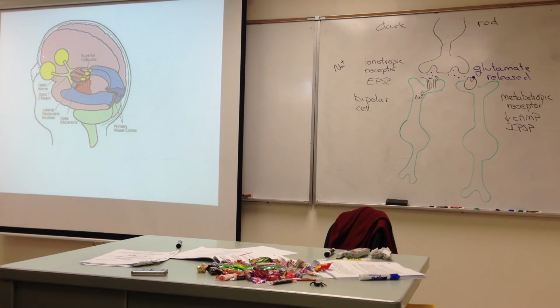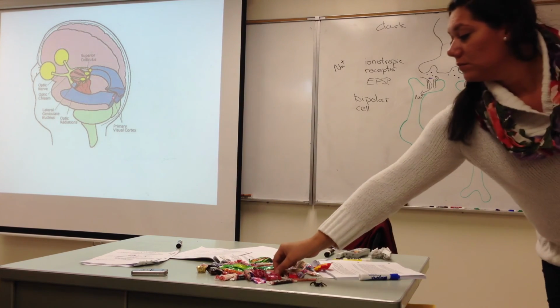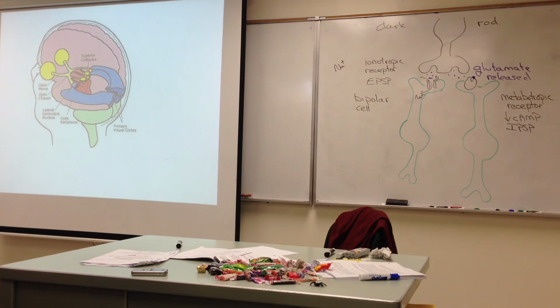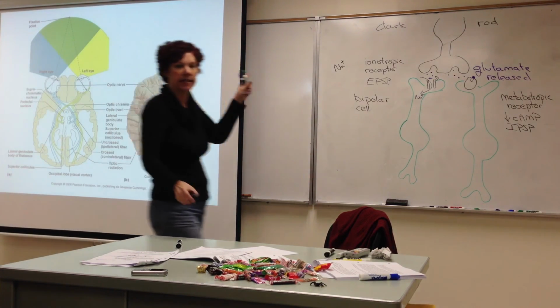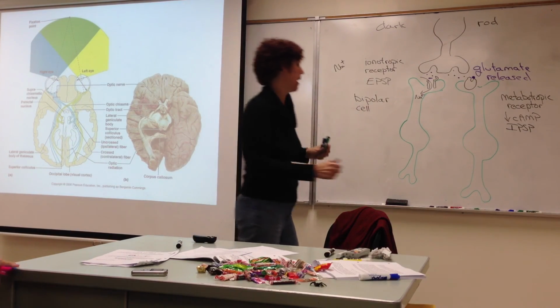So here we have the retina, optic nerve, optic tract leading back to the thalamus, and then third order neurons leading back to the primary visual cortex. This is actually what I'm going to diagram on the board right here, the same thing, just not in three dimensions. So may I erase the board? We have one last diagram to put up.